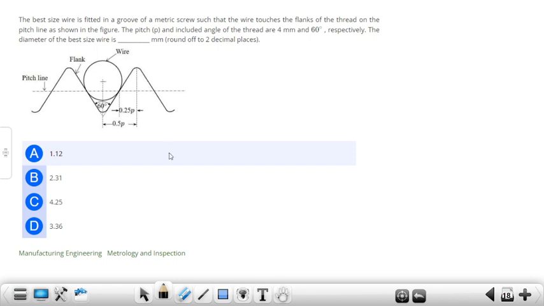So given data, pitch is 4 mm and thread angle, given 2 theta is equal to 60 degrees. So semi thread angle theta is equal to 30 degrees.